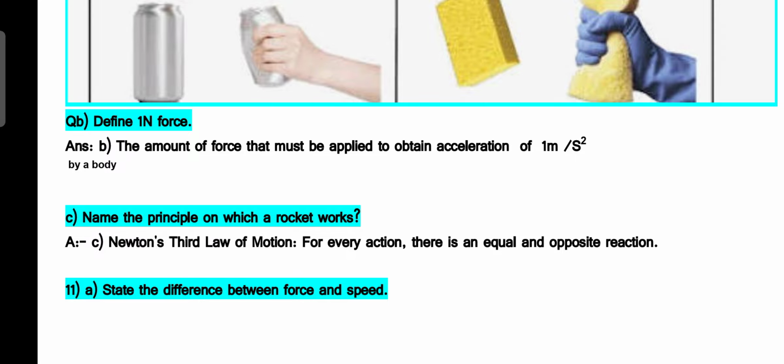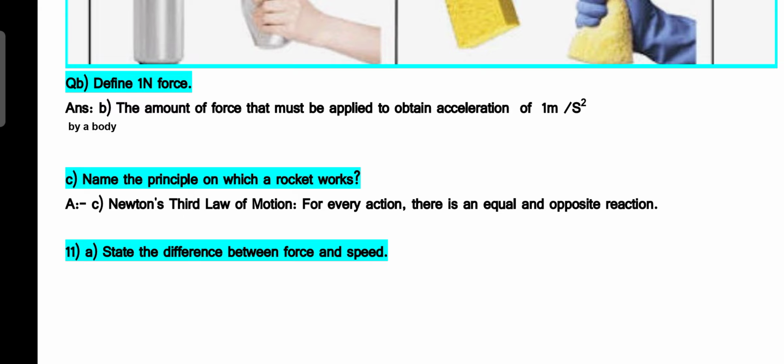Name the principle on which the rocket works. Newton's third law of motion is the principle. And if you are asked to state the principle, write like this: for every action there is an equal and opposite reaction.